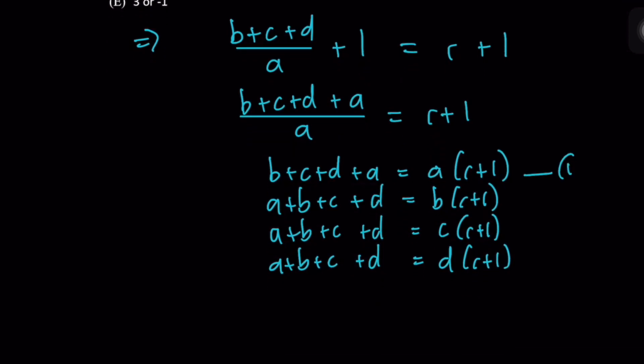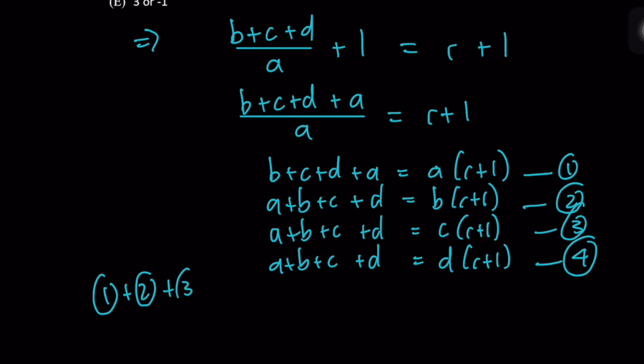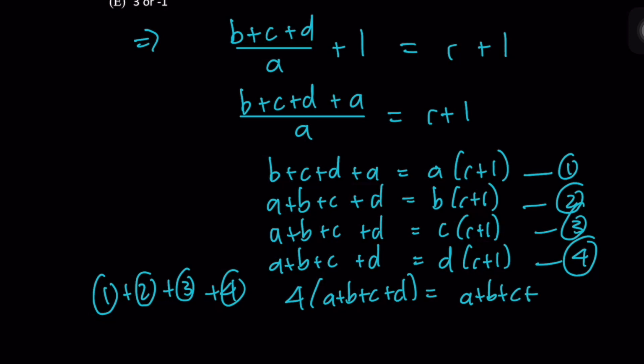Now we have 4 equations. If we add them all up, we will have 4 times (a plus b plus c plus d) equals (a plus b plus c plus d) times (r plus 1).